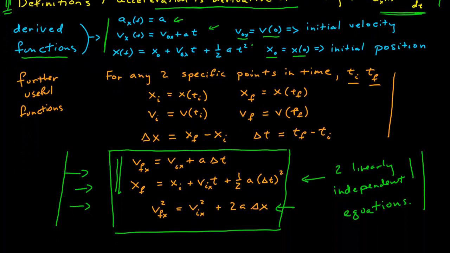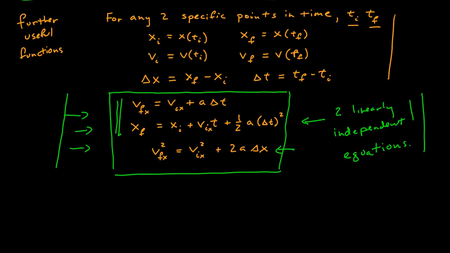Okay, so this now gives us something to go with, and we want to look at the specific condition now of free fall. And free fall is something that's falling near the surface of the Earth.